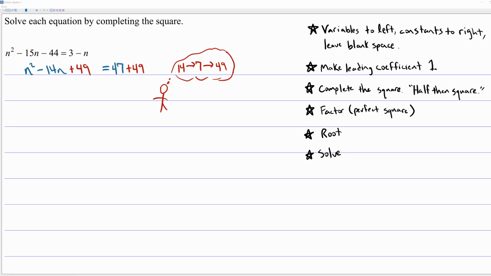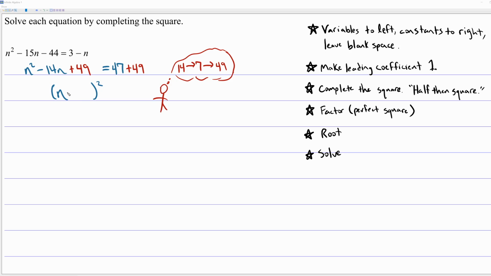Now, you might be asking, why do we want the number 49? Well, the next step says factor, and in parenthesis, perfect square. There's a factoring pattern. When you have the number 14 and 49, or in general, if you have any number as your coefficient, and then you have half of that number and then squared, that quadratic will factor into a perfect square. N times n is n squared.